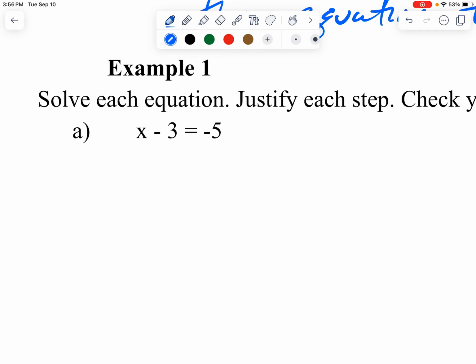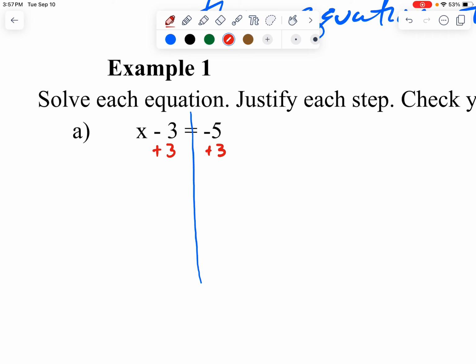So I don't know that I'm going to do this every time, but some people like to draw a line down here to keep it clear that we have two sides of the equation. And so whatever I do to the left side, if I add 3 to this side here, I also have to add 3 to this side over here. That's what keeps it equal.